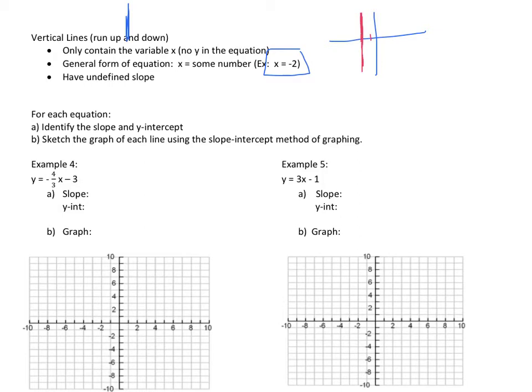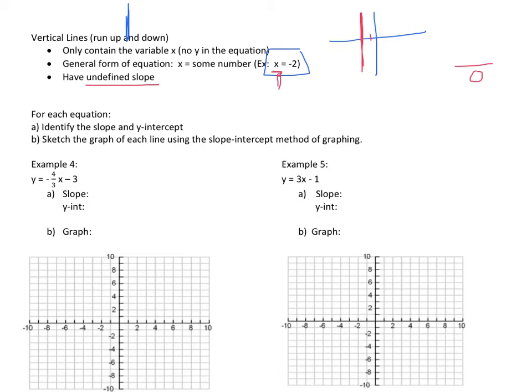Now this one is unique because it rises all the time, but it never runs. So this one is considered to have an undefined slope, because since it has no run, it's divided by 0 and it's undefined. So its slope does not work. So again, a vertical line only intersects the x-axis, which means it has the equation x equals something.